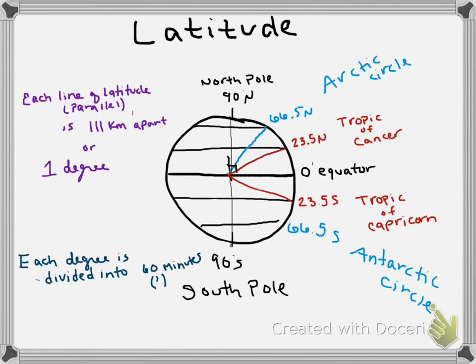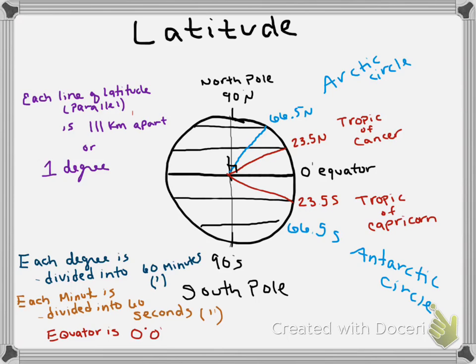It's a length, it's a distance. And each minute is even further divided into seconds. And remember that seconds is not time, it's a length, and is denoted by quotation marks. So if we were to find the latitude of the equator, it's at 0 degrees, 0 minutes, and 0 seconds.